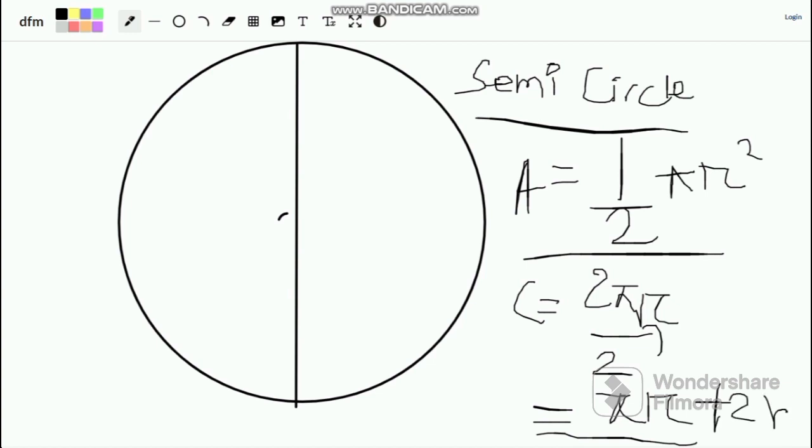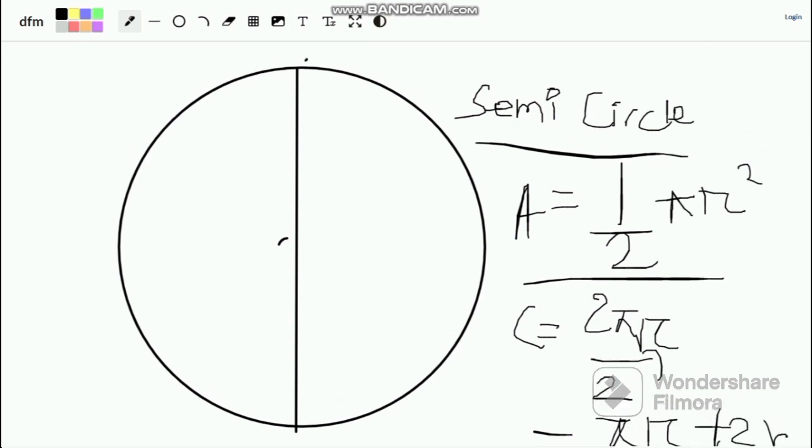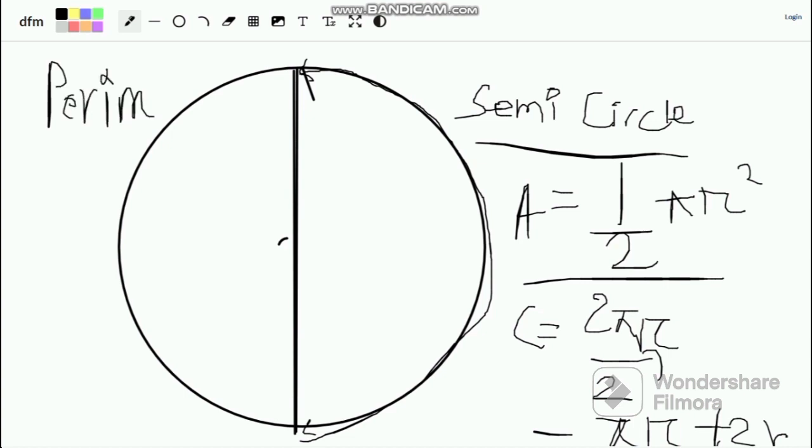Because you see, when we are about to calculate the semicircle circumference, we are basically calculating this length, this arc. But what's with this? This is being ignored, and that's why there's an additional formula which is known as the perimeter. And a perimeter is basically the total length of the semicircle.